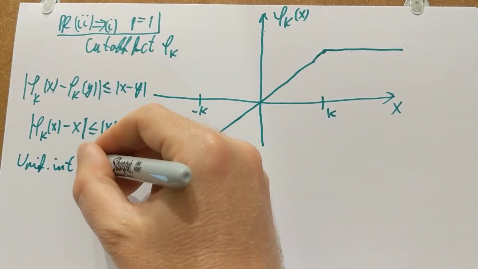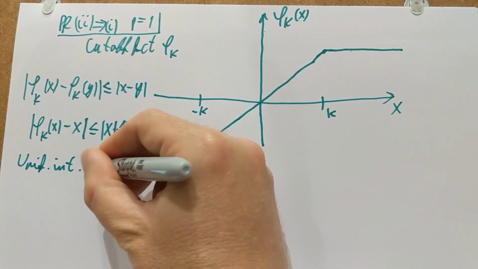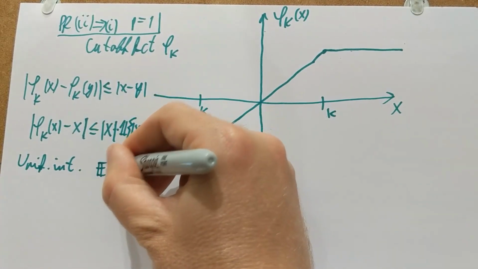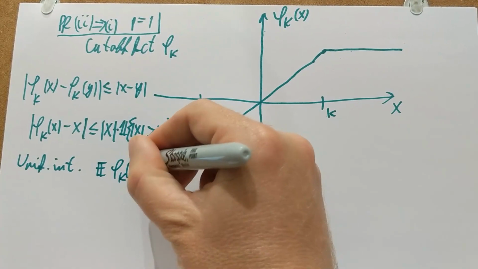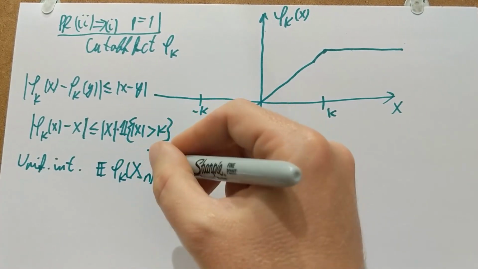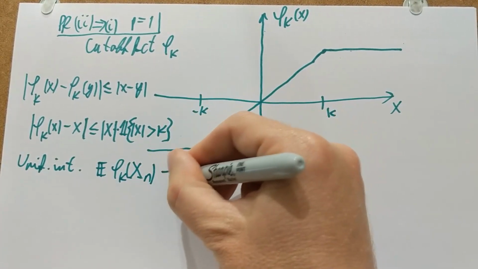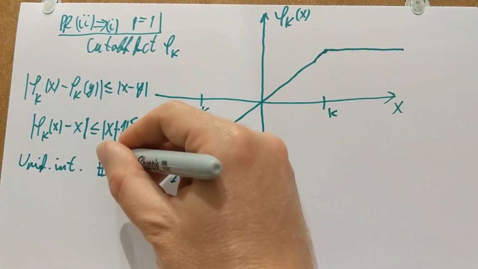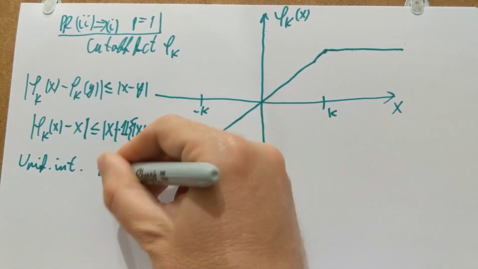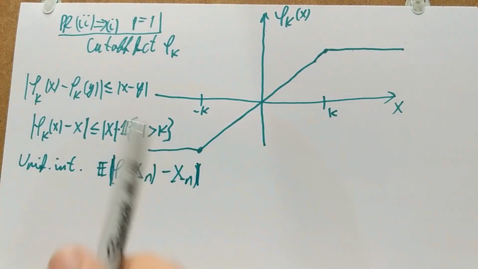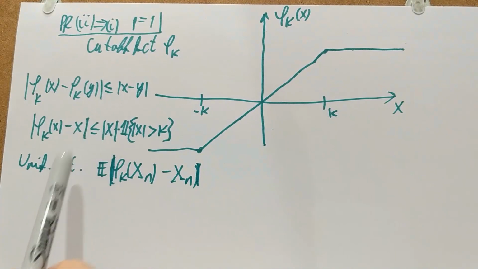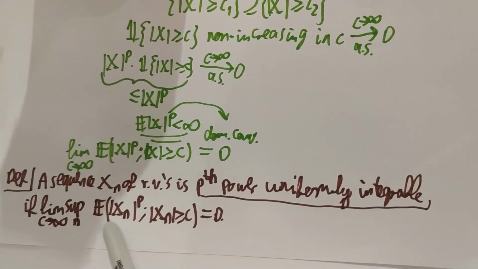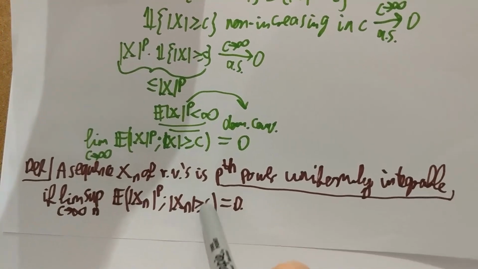So that's why if I now look at the expectation of phi k of Xn minus Xn, where Xn is my random variable, in fact I'm going to put a modulus here, that is, according to the previous line, bounded by the expectation of the modulus of Xn times the indicator that the modulus of Xn is larger than k, and that's exactly the thing that even if I take a supremum of, will go to 0 with this bound k.